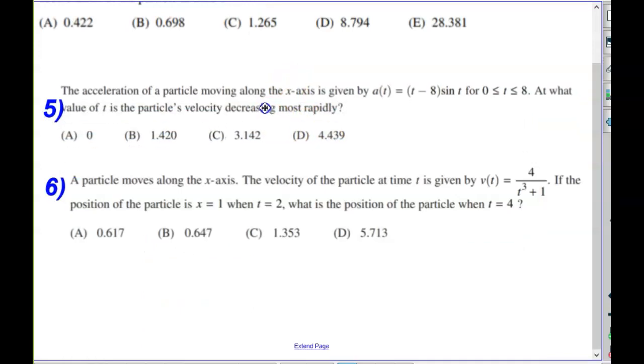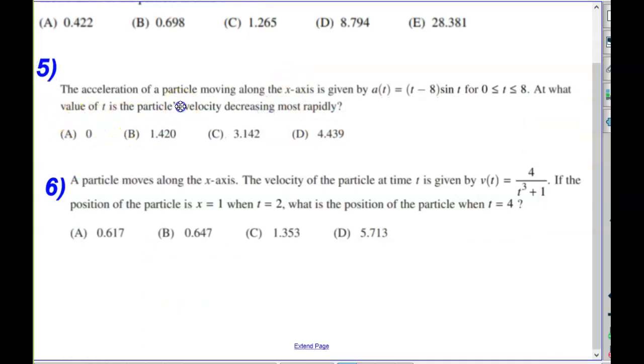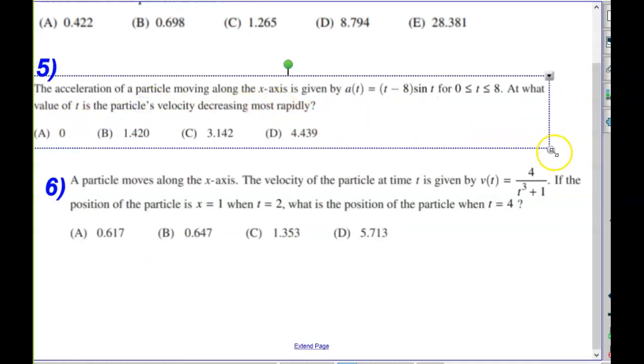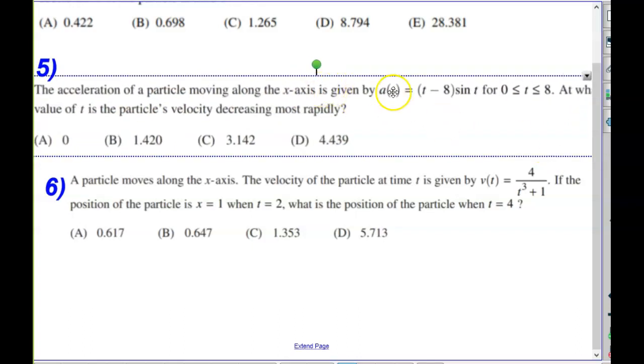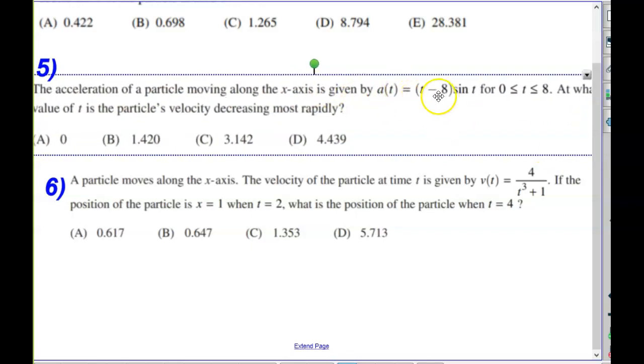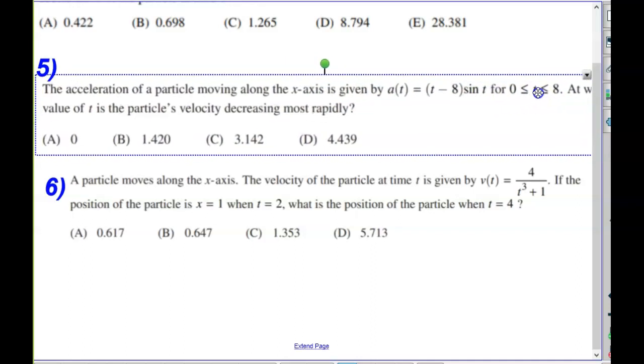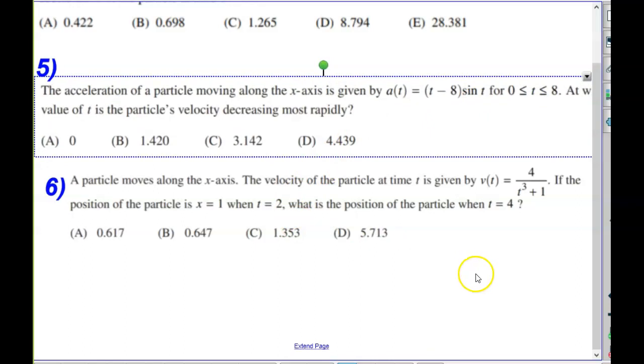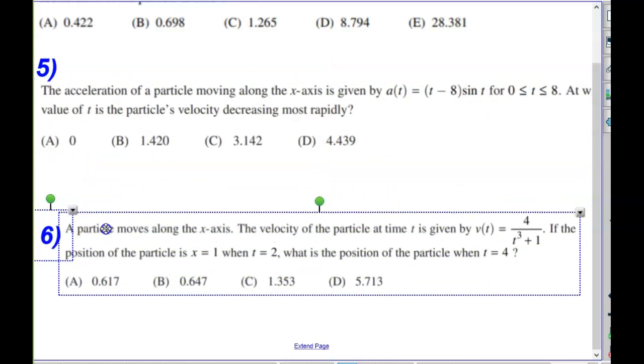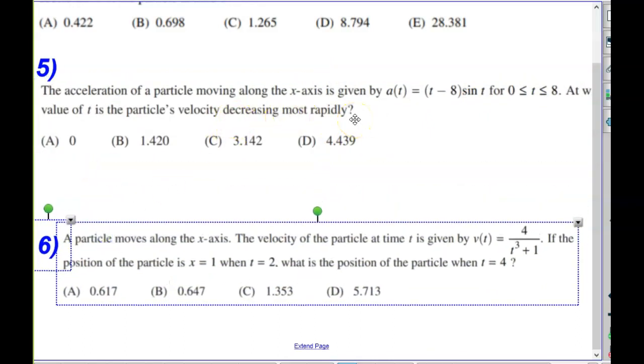This might be our last one, or part B, number 5. The acceleration of a particle moving along an x-axis is given by the equation for a of t between 0 and 8. At what value is the particle's velocity decreasing the most rapidly? So go to y equals, this one we're going to produce a graph.